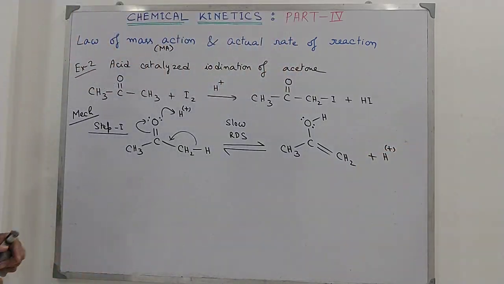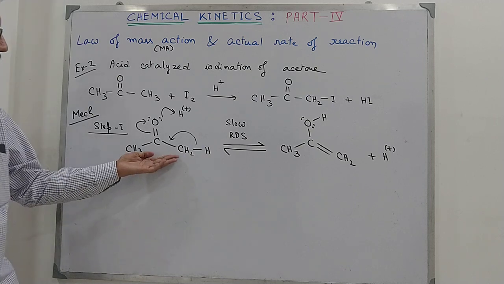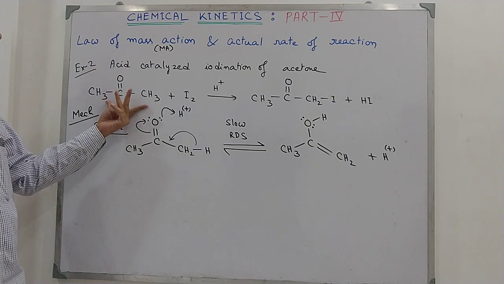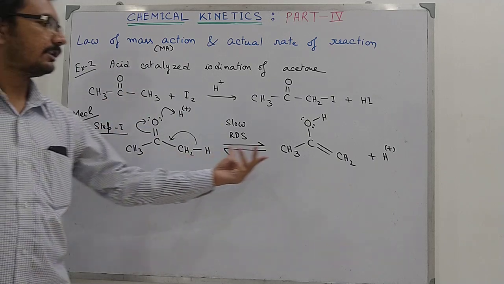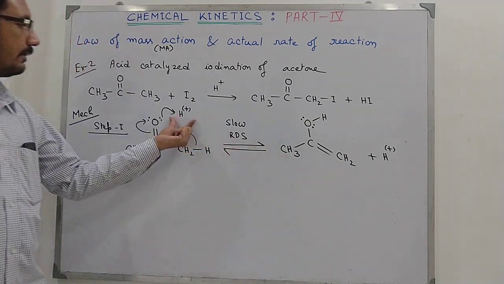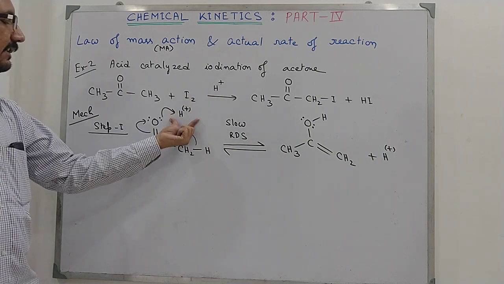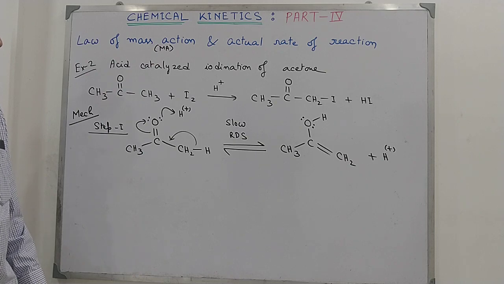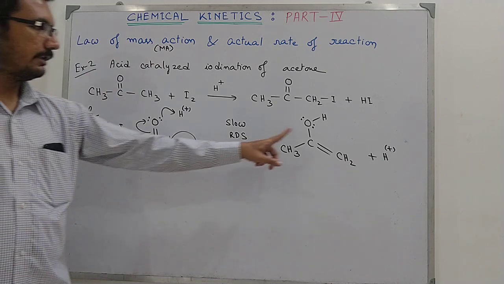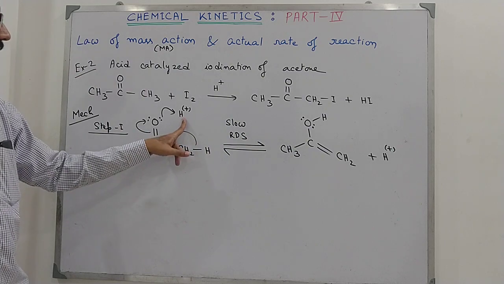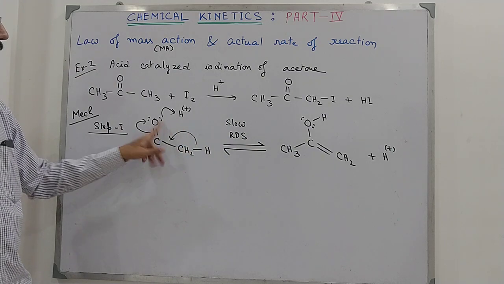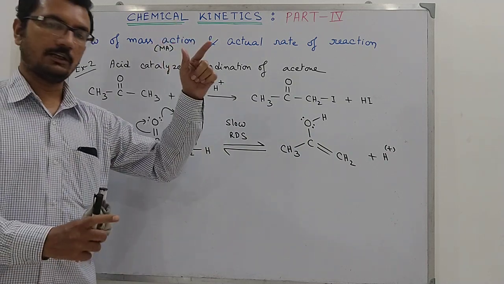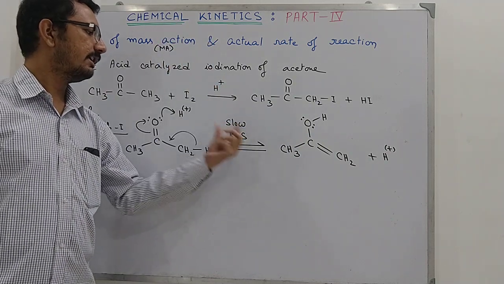Here we see in the first step enolization of the ketone occurs, that is acetone, the ketone, gets converted to its enol form, and H plus, the catalyst, facilitates this conversion. So you see this H is getting released and this H plus is incorporated within the system. Now this is the reaction which is associated with a very large barrier. So it is the slow step or the rate determining step.